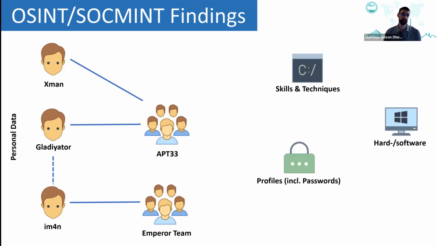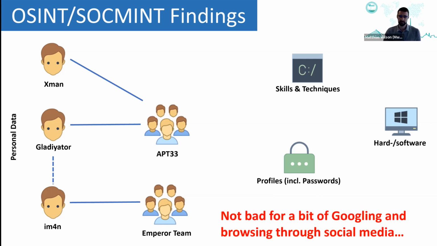And for you, ladies and gentlemen, that have a more or less technical background and are really into threat intelligence, looking into what all these guys do, you can see their skills and the techniques they might use. You might have indications on the hardware and software they use, the IT infrastructure, or things like profiles and passwords, which also might be useful. So to summarize all this, this is not bad for just a bit of Googling and browsing through social media.